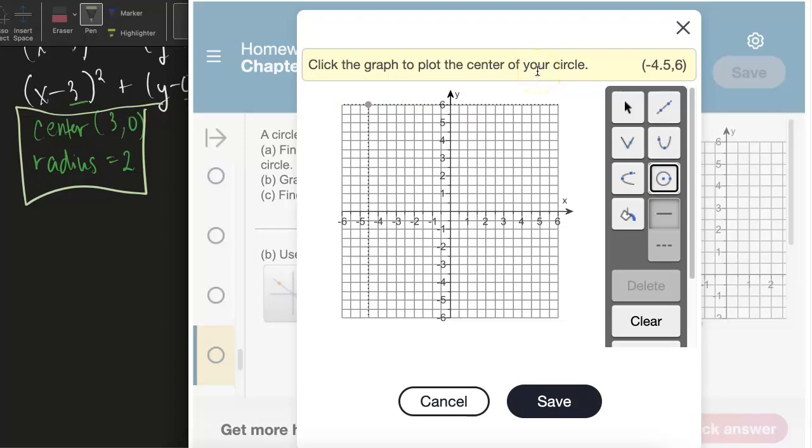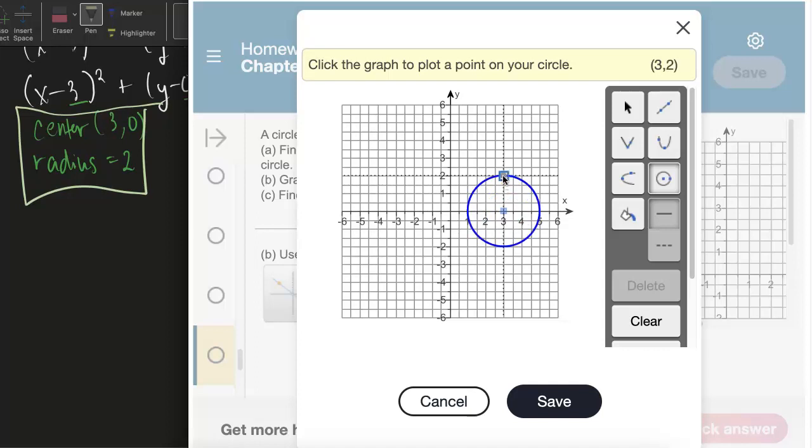It says click the graph to plot the center of your circle, and we said that center was at 3, 0. If you're not sure if you're at the point 3, 0, it shows up here in the upper right corner. So I'm just going to double check that I am, and then I will click to place that point. Then it says click the graph to plot a point on your circle, and I want that point to be 2 units away so that I see a radius of 2.